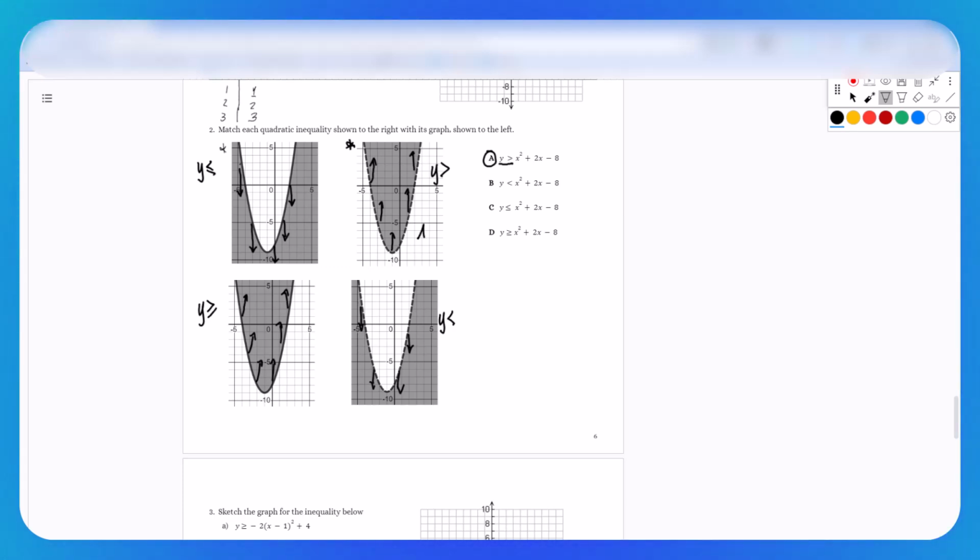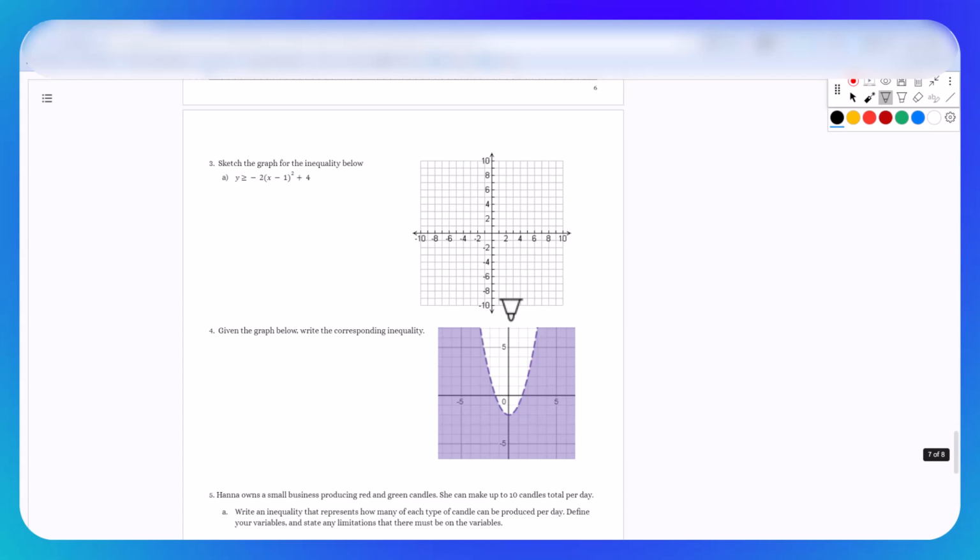This means that this one must be A. For this one, we have y less than, so we know that it must be B. And for C, which is y less than or equal to, that means this first one here is C, which means y greater than or equal to is D. Let's move on.